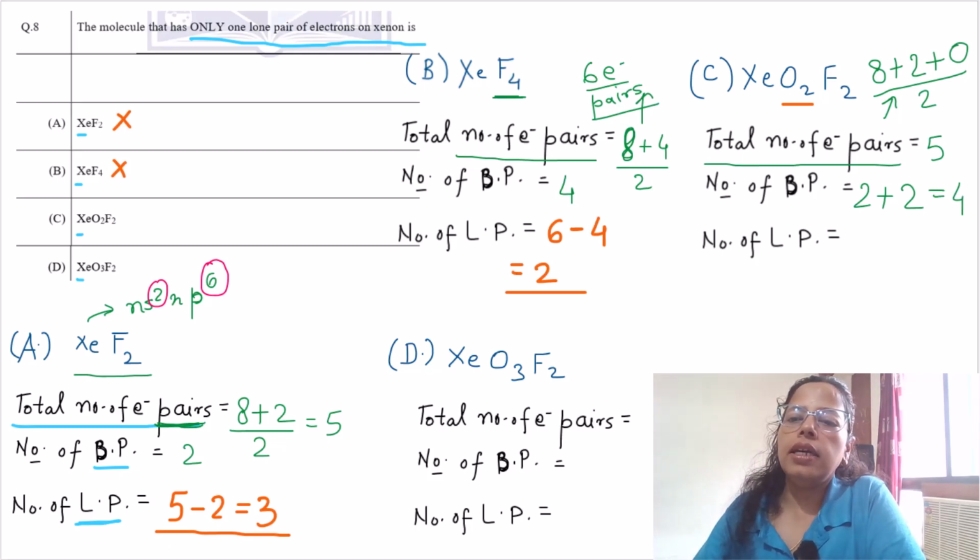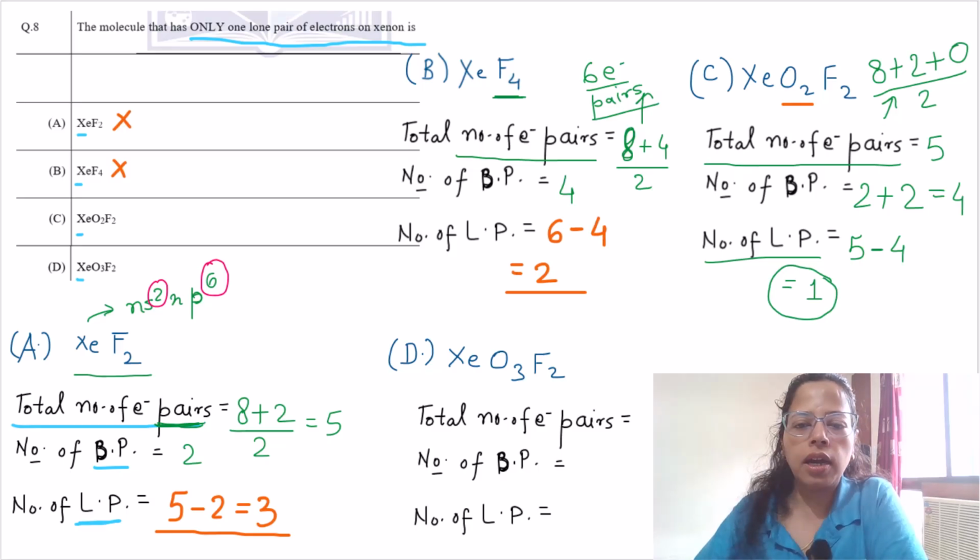And then the number of lone pairs: total number of electron pairs, 5, minus the number of bond pairs, 4. 5 minus 4 is equal to 1. In XeO2F2, the number of lone pairs on xenon is 1.